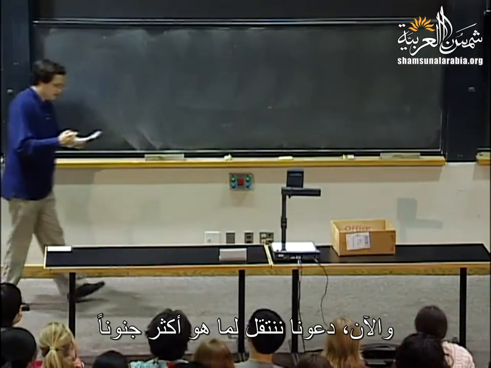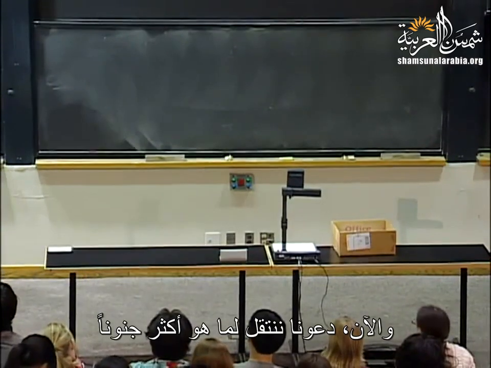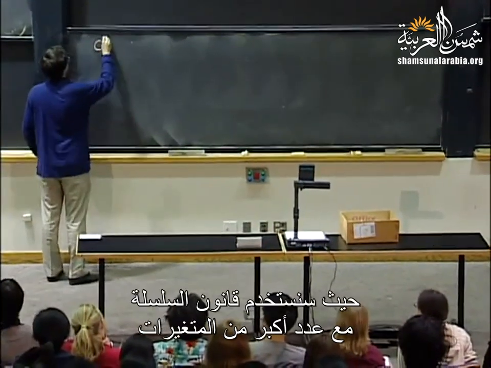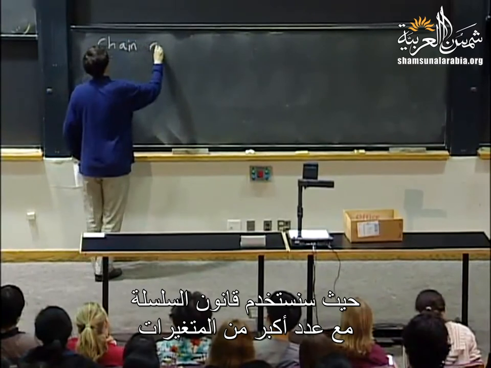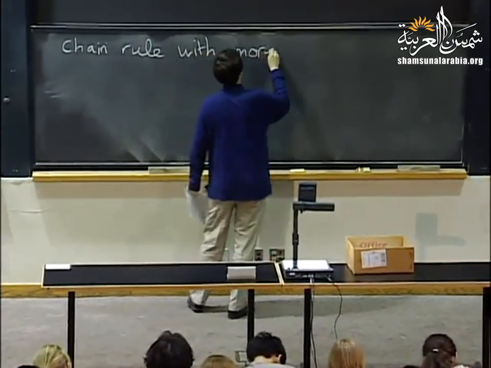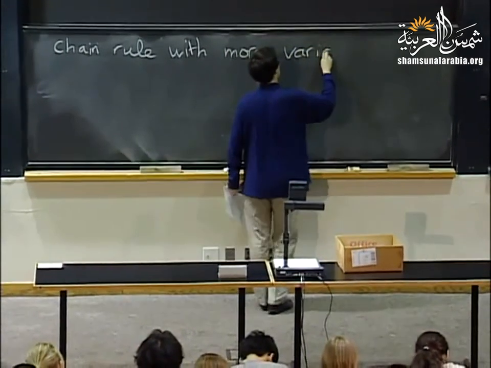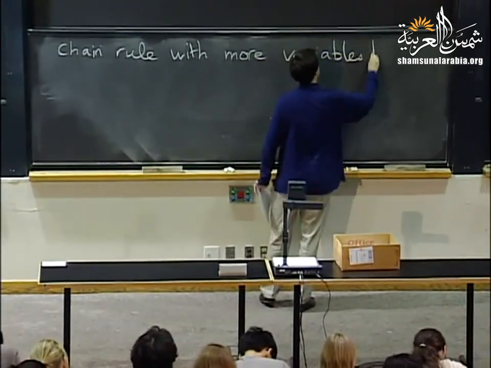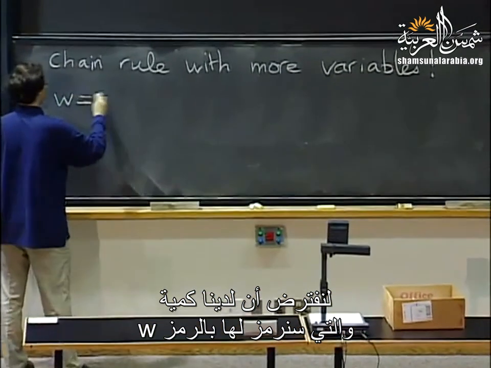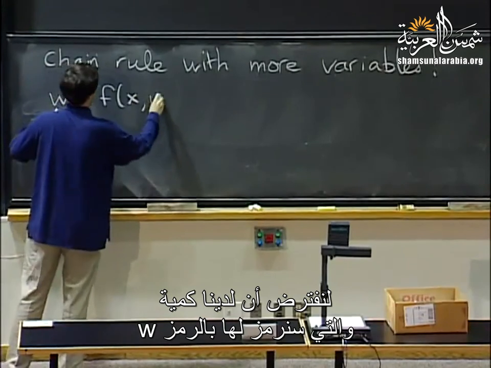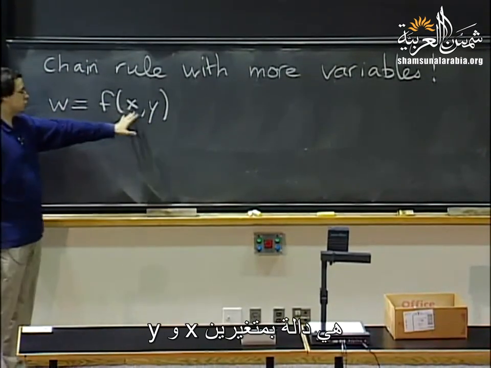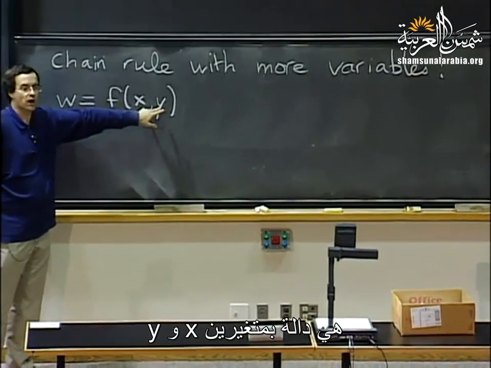Okay, now let's go to something even more crazy. I claim we can do chain rules with more variables. Let's say I have a quantity, let's call it W today, which is a function of, say, two variables, x and y.